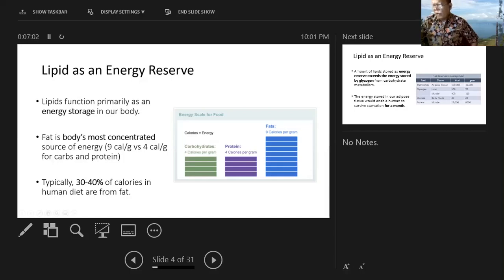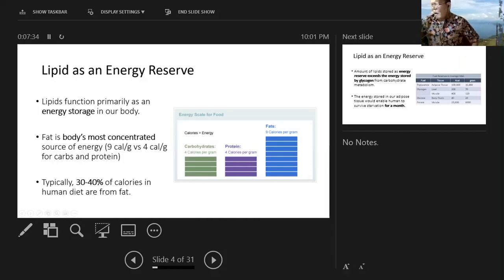Let's see this diagram. If we consider this one block as 1 calorie per gram, then for carbohydrate we have 4 blocks. It means that the calories per gram of carbohydrate is 4 calories, and the same also for protein: 4 calories per gram.